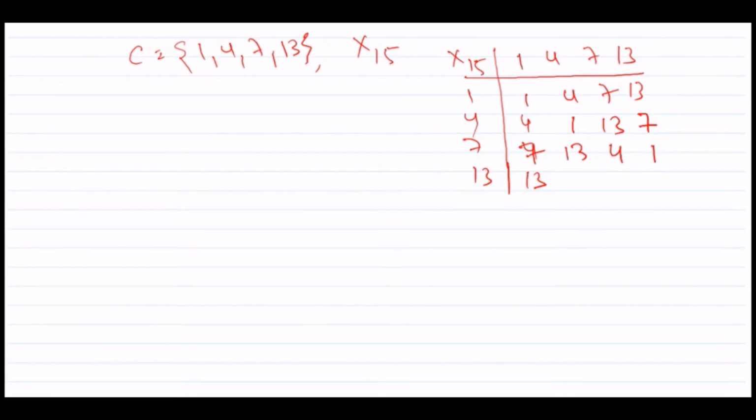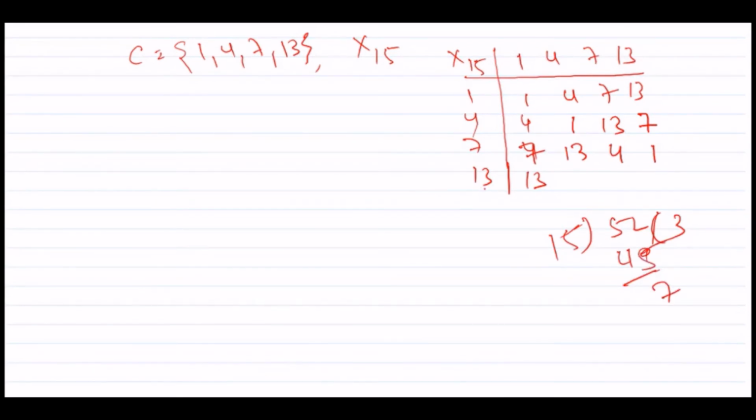We can fill 13, 52, 52, and then 15. 52 divided by 15, so 49, so 3 here, 13, this is 45 and then 7.